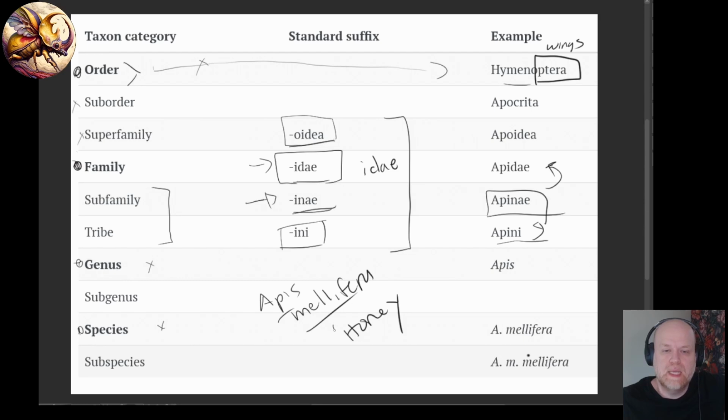So they're honeybees. And then underneath species, you can actually have a lot of continuous categorization. You might have subspecies, a variant, a race, a regional variant, things like that, a variety.